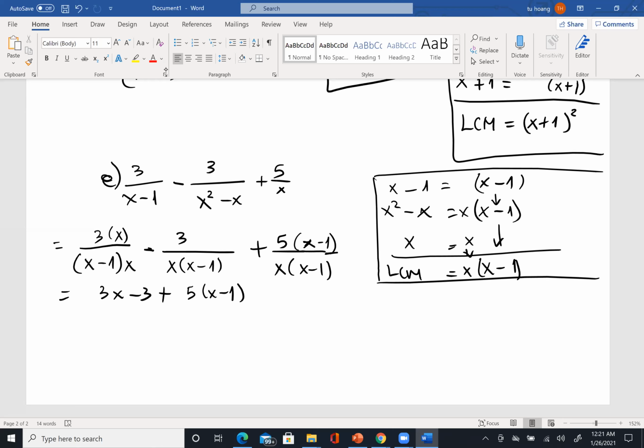You know what? I'm gonna just keep it as 3x minus 3 and then add 5 times. I'm gonna reduce this, minus 5, divided by x times x minus 1.